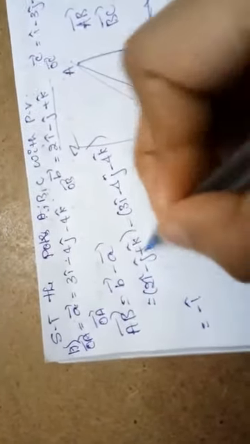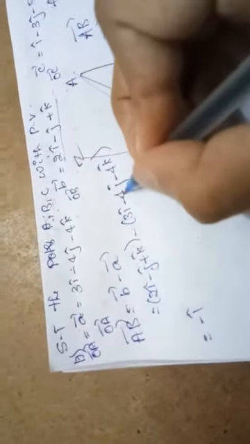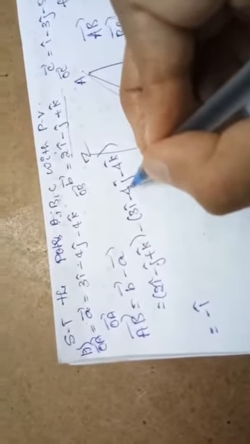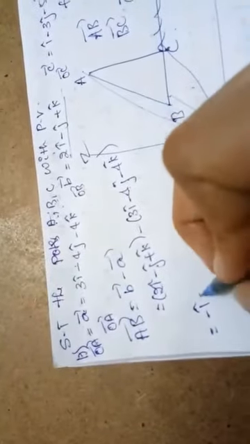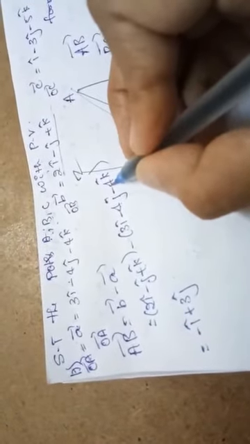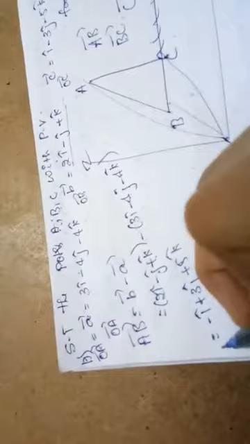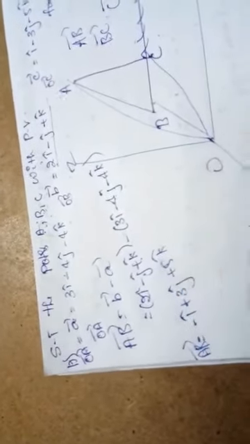Solving, 2 minus 3 becomes minus i cap, minus 1 minus into minus plus 4, minus 1 plus 4 is plus 3j cap, plus 1 minus into minus plus 4, plus 1 plus 4 is 5k cap. So this is our vector AB.